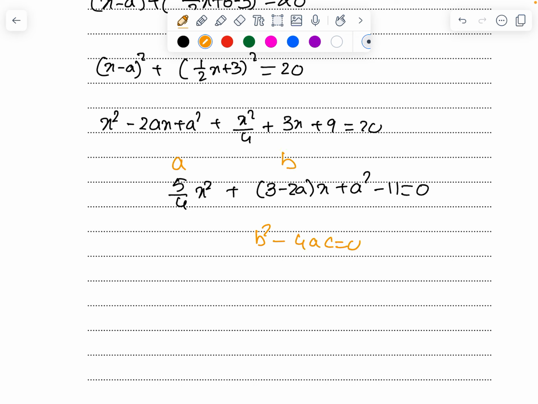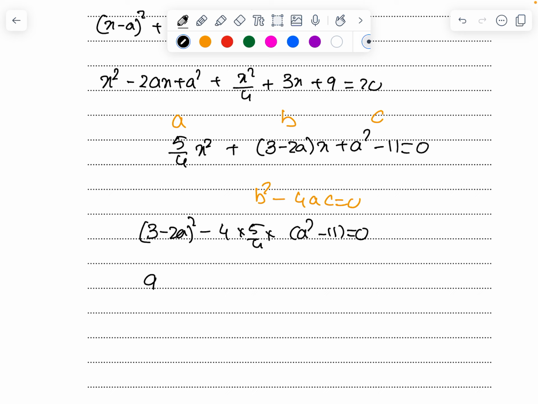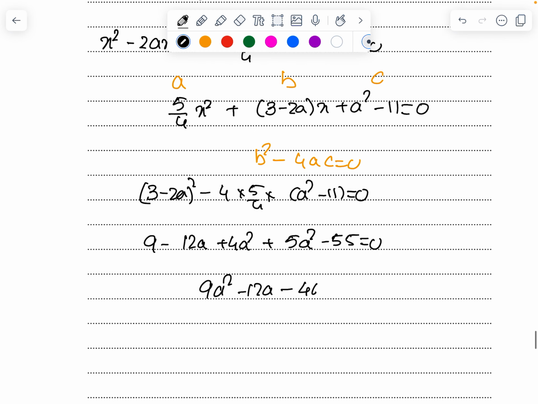This is the a value, this is the b value, this is the c value. So b square, which is 3 minus 2a whole square, minus 4 times 5 upon 4 times a square minus 11 should be equal to 0. Then it becomes 9 minus 12a plus 4a square minus 5a square plus 55 equals 0.